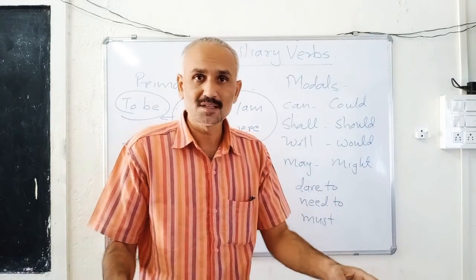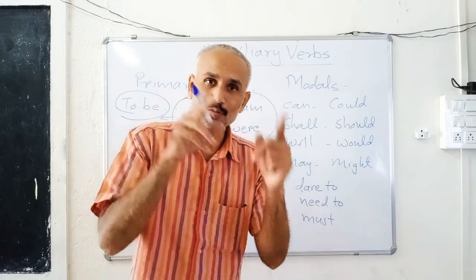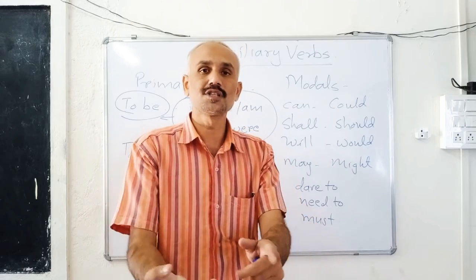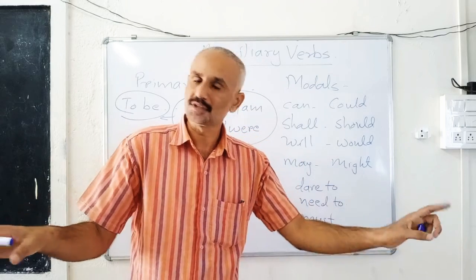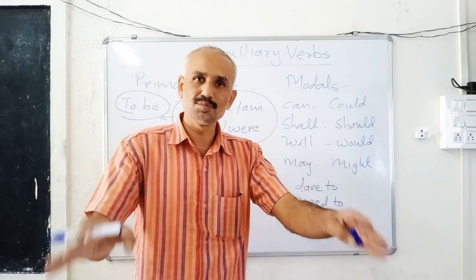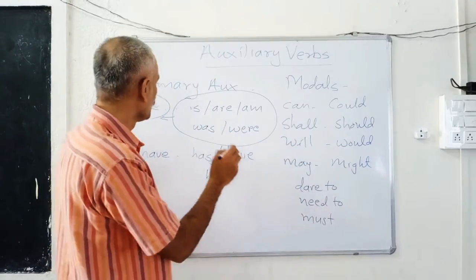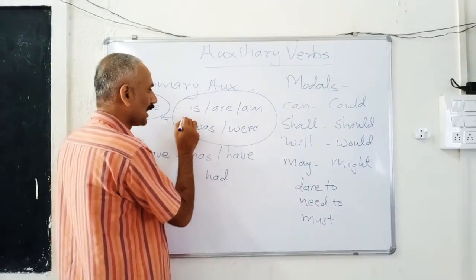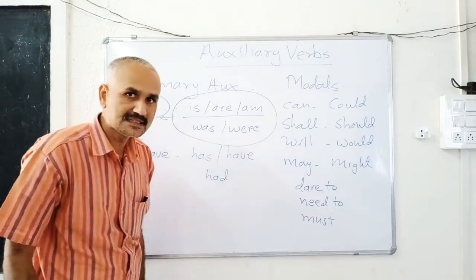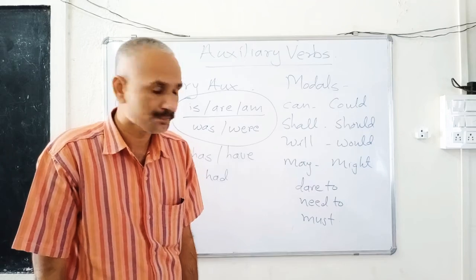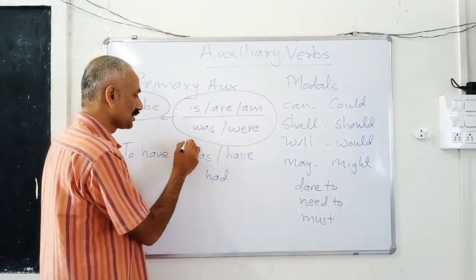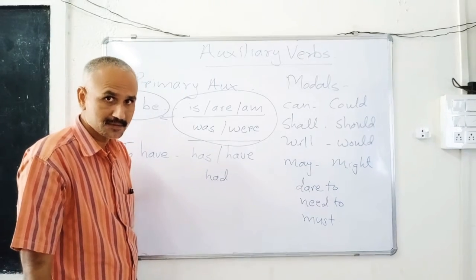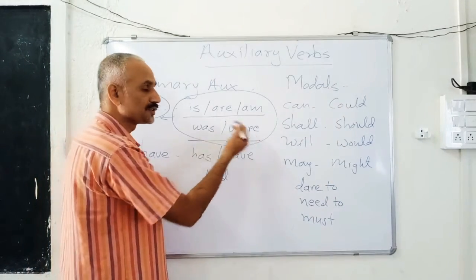Please keep in your mind, please make it clear that present progressive and present continuous are identical. I can use the word progressive or continuous, but that won't be an issue. The tense will be the same. So, in case of present progressive or present continuous, I will use is, are, am. However, in case of past tense, I will use was and were.